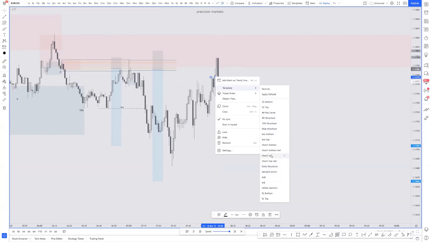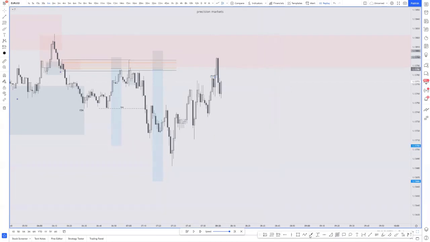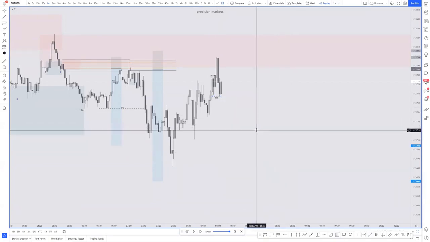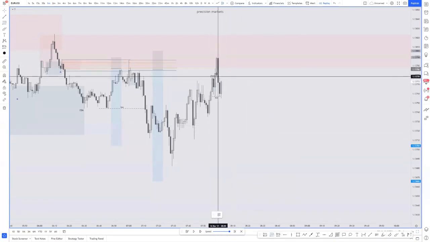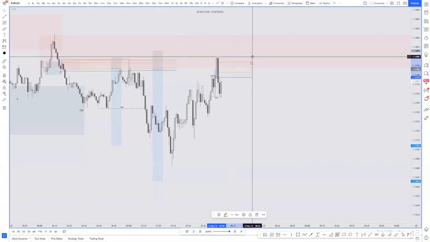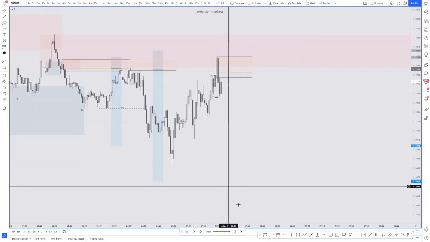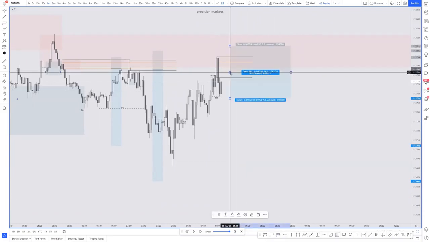So we have chalk top and we have a chalk bottom. So it is a bit of a large candle. Depending how you guys manage and stuff, if it's a really large candle, I rarely take the whole candle. And the good thing about that is I can get my R's up by taking less. The bad thing is you will miss trades.